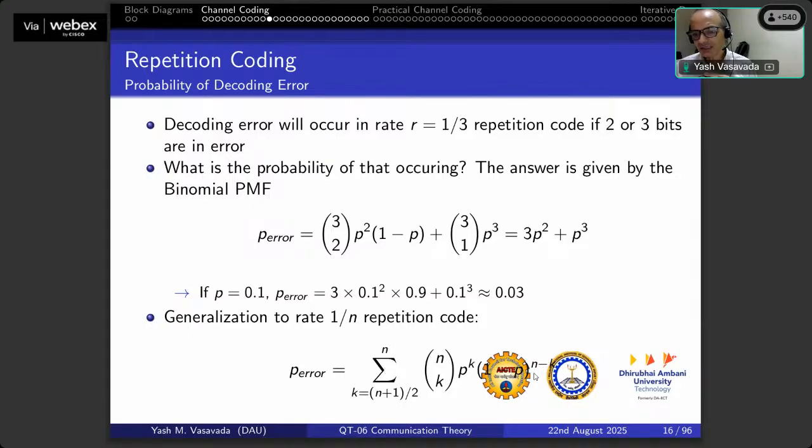So you evaluate individually all of those probabilities, which are n choose k, p to the power k, 1 minus p to the power n minus k, simply the binomial probabilities. And then you add them up to determine your error probability for the failure of the repetition code.